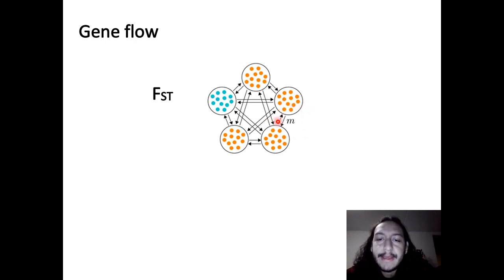But if this M is really high across all populations, then you can expect this system of populations to behave as a single population and have a lot of mating and gene flow going around.